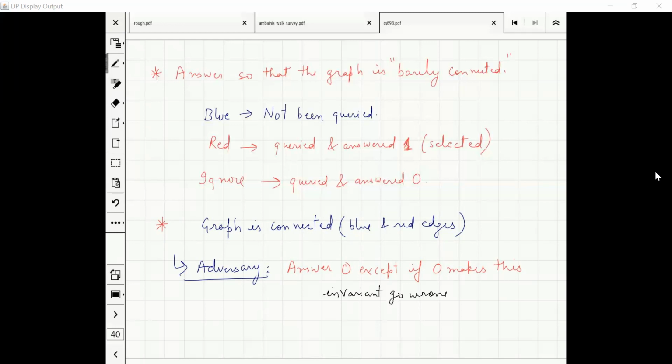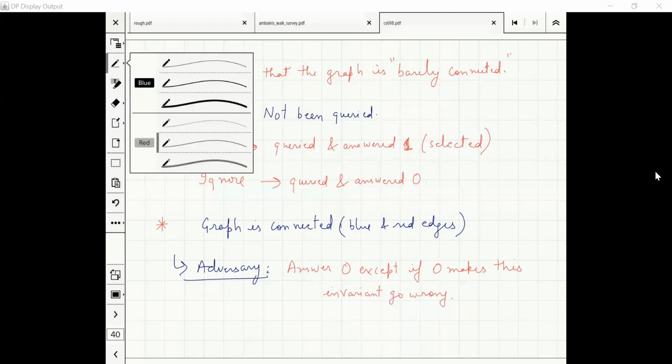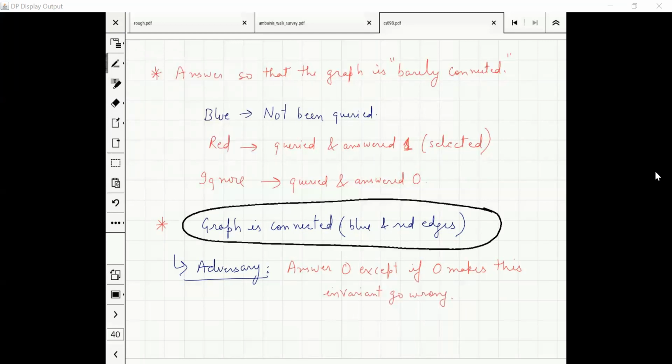What invariant am I talking about? Do you see what I'm trying to do? Do you see the adversary strategy? Mostly I will be answering 0. I will answer 1 if and only if, when I remove that edge, my graph of blue and red edges becomes disconnected. This is the way I will start answering my questions.